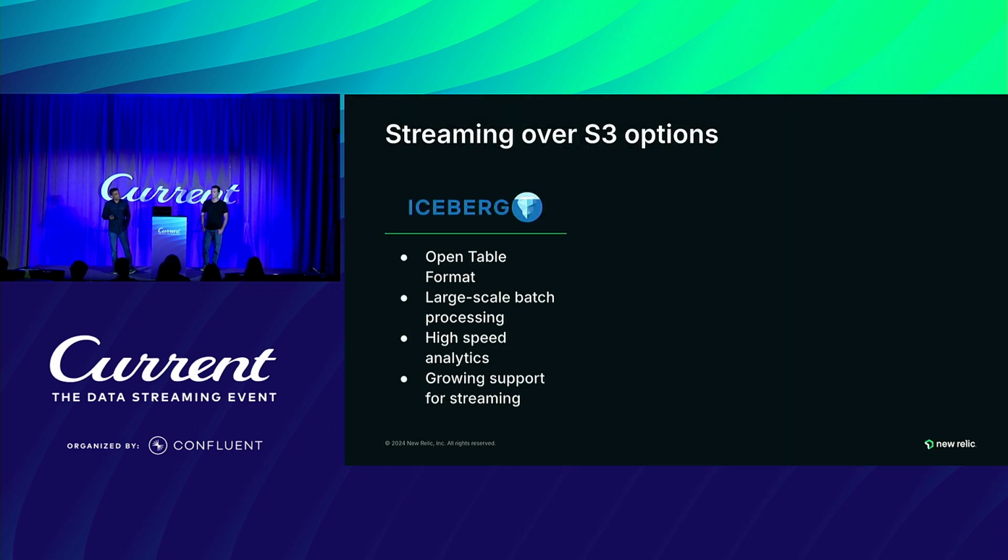So the first option we have is Apache Iceberg. It is an open table format. The open here means open source. And table format is basically a specification that tells you how to organize your data files in large distributed file systems like S3. It's all about metadata management.